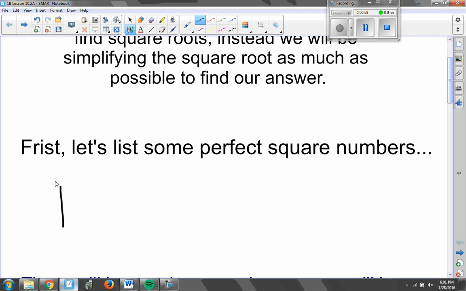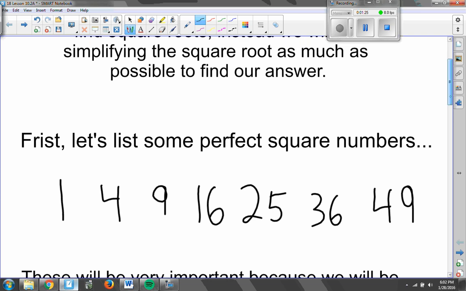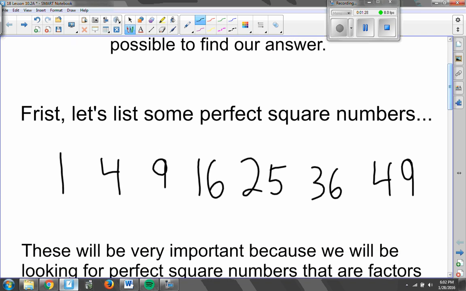The first is 1, because that is 1 squared. 1 squared is 1. 2 squared is 4. 3 squared is 9. 4 squared is 16. 5 squared is 25. 6 squared is 36. 7 squared is 49. And let's keep going. Let's just list the rest of them. 8 squared is 64. 9 squared is 81. 10 squared is 100. That should be enough for us for right now.